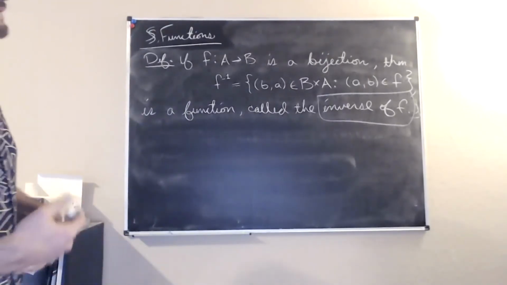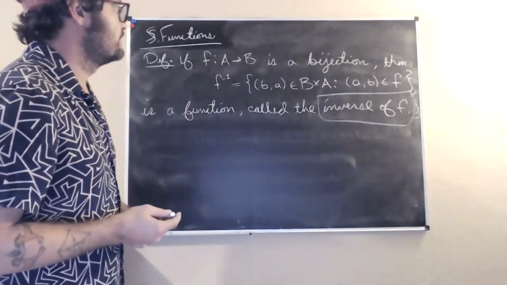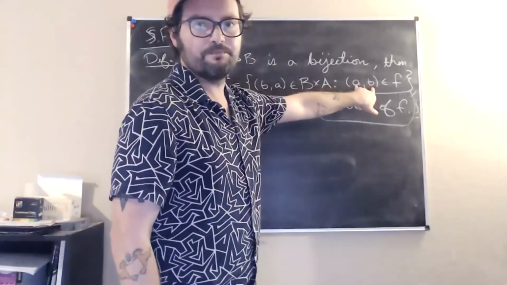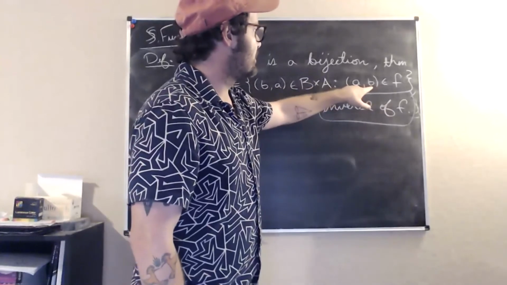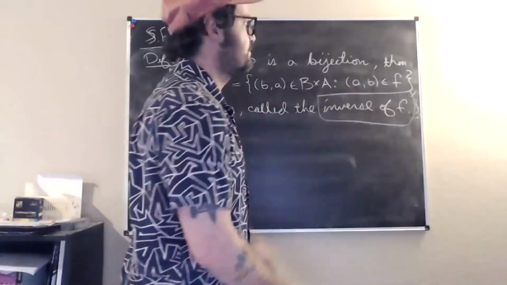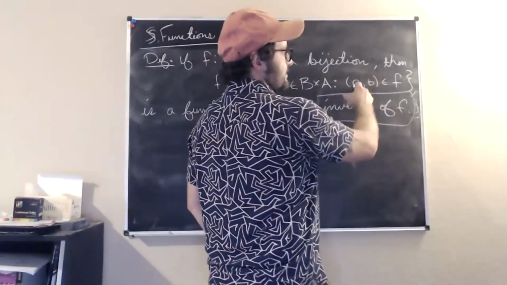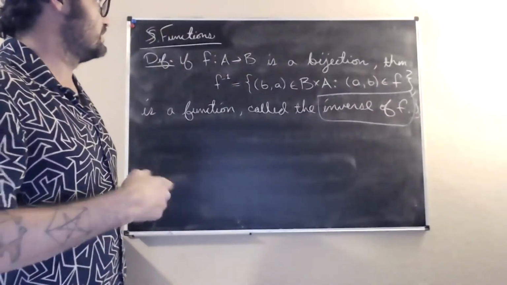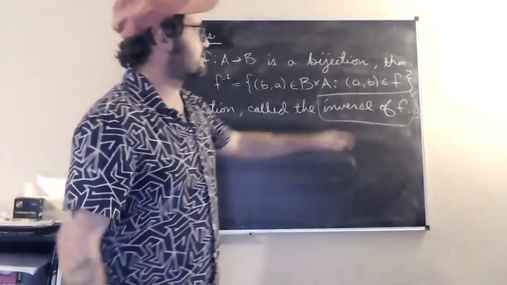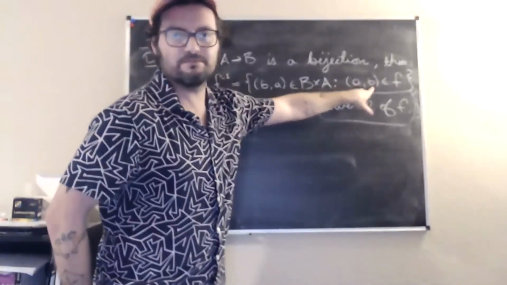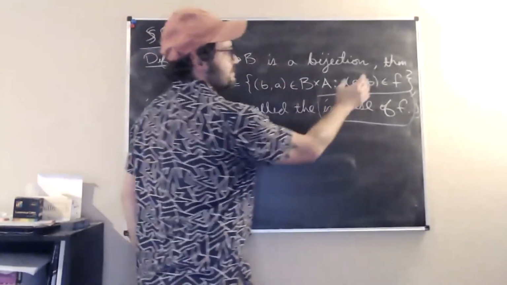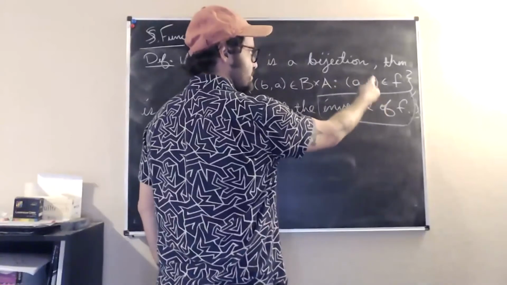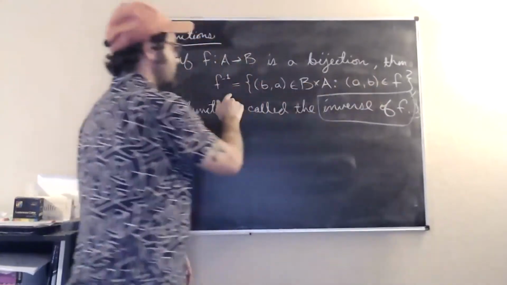So one way of thinking about this: if that is a bijection, then for every pair in F, not only is b the unique element associated with a, but a is also the unique element associated with b. That's what happens if it's injective. In the sense that it's surjective, every element of capital B appears in one of these ordered pairs from F. So then you can define a function from B back to A with this.